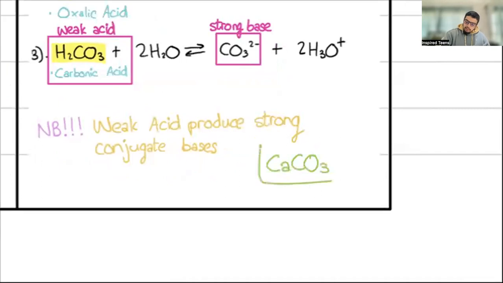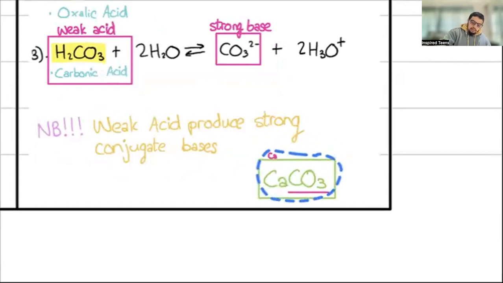And this is not a base that we will discuss specifically, but it could act as a base. Why? Because you need to remember that this CO3 2 minus has just reacted with Ca2 plus. That's why it forms CaCO3. So this is actually Ca2 plus and CO3 2 minus.